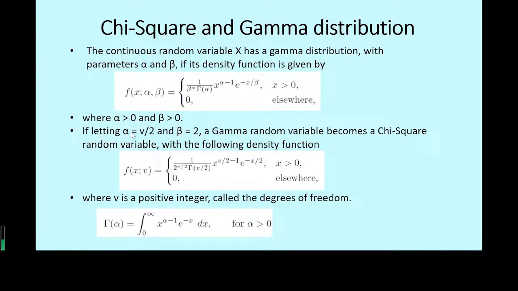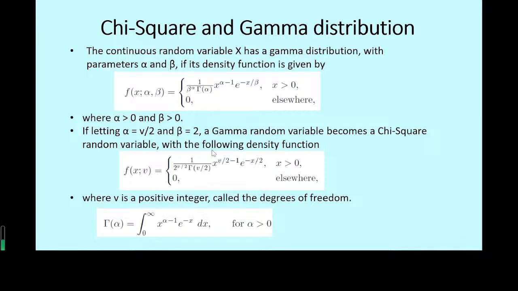But if we let alpha equal nu divided by 2, where nu is the degrees of freedom in the chi-square distribution, and beta equals 2, then a gamma random variable becomes a chi-square random variable, with the following density function. This is the density function for the chi-square distribution with degrees of freedom nu.